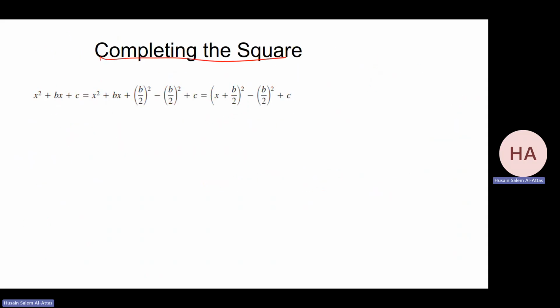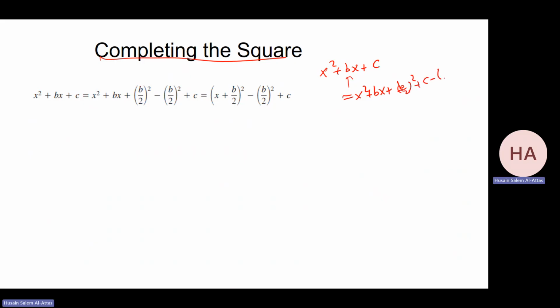We know the idea of completing the square. If we have x squared plus bx plus c, to complete the square I need to add half the coefficient of x, all squared. So I have x squared plus bx, plus half of b squared, plus c.